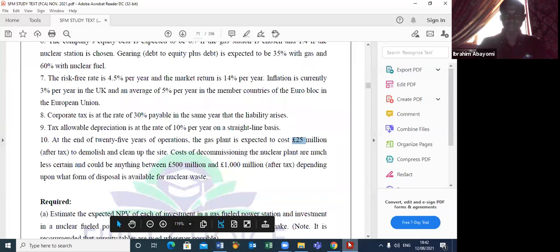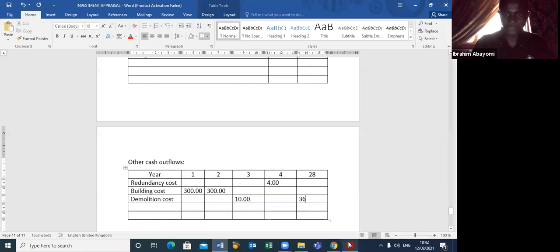Sorry, it's 25 million. So we have 25 million in year 28. Why is it 28? Because it's the end of the project that we are going to decommission it.